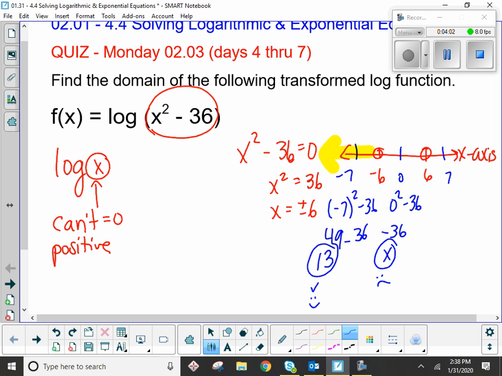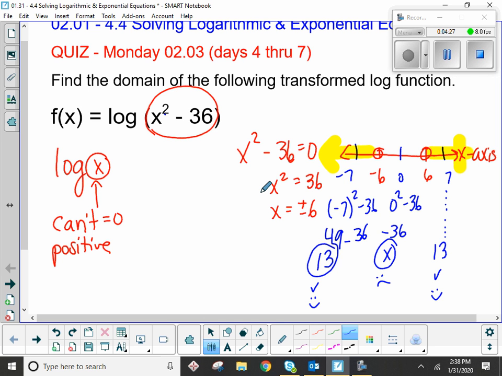And then 7 is going to give me exactly what negative 7 did. Why is it going to give me the exact same thing? Because it's squared. So that will just give me 13, which we already said we're happy about. So that means everything to the right of 6 will work as well.